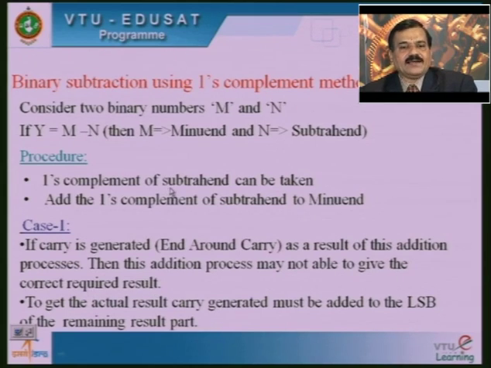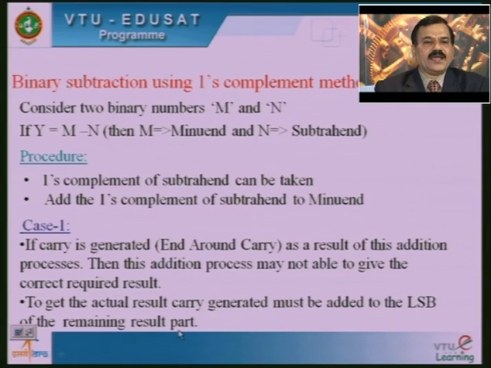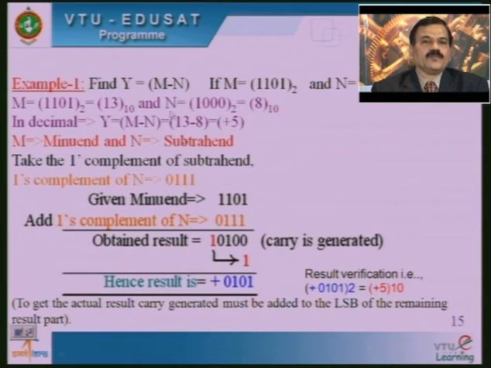Even though you are adding the minuend with the 1's complement of the subtrahend, if a carry is generated, we are not going to consider that as the actual result. To get the true result, the carry generated must be added to the LSB of the remaining part of the result obtained. Such an example we are going to see now.